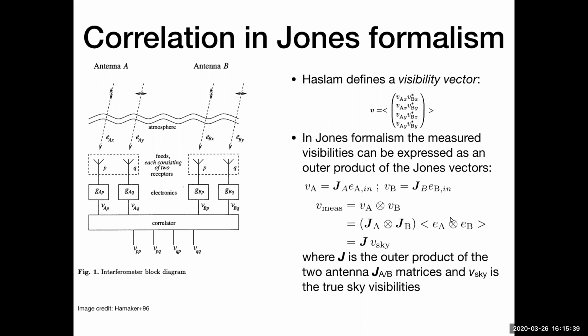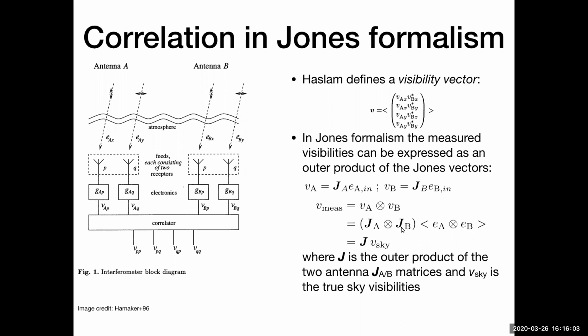This would be considered effectively the true sky visibilities. And then this is a complicated matrix that describes how the visibilities are modified from the actual values to the measured values.